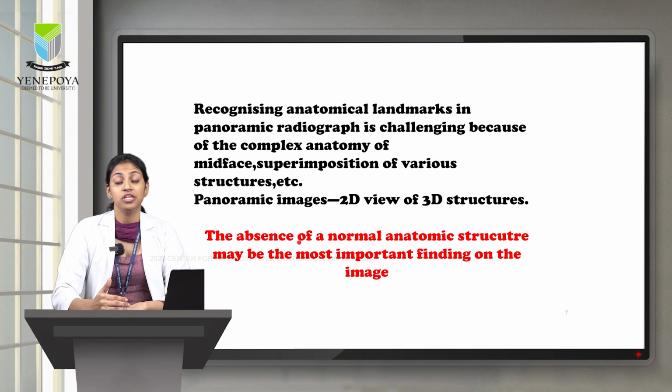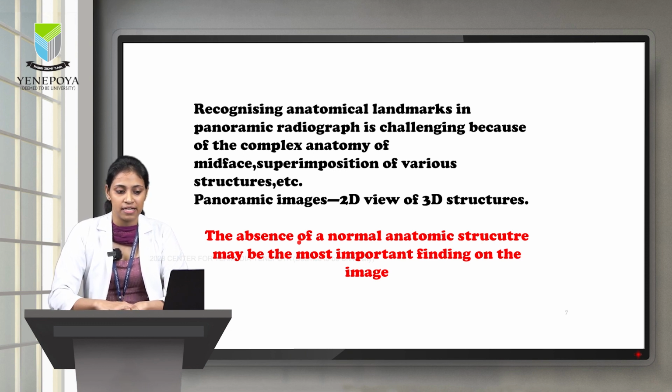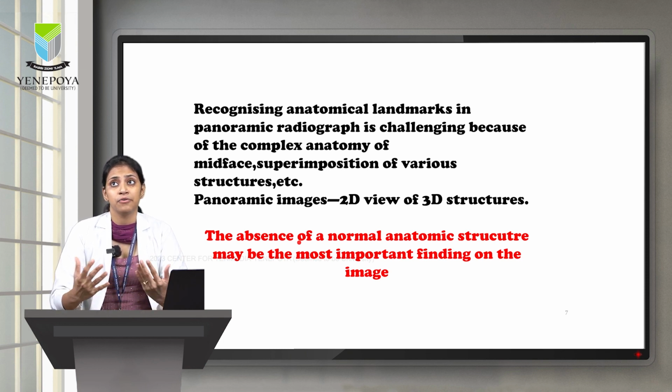Now, why do we need to know the normal anatomical landmarks? Because whenever we are interpreting a panoramic radiograph, it is important for us to first identify the normal anatomical landmarks. Because panoramic radiograph is a radiograph where we see the maxillofacial skeleton, and along with that there is a lot of superimposition of other structures.